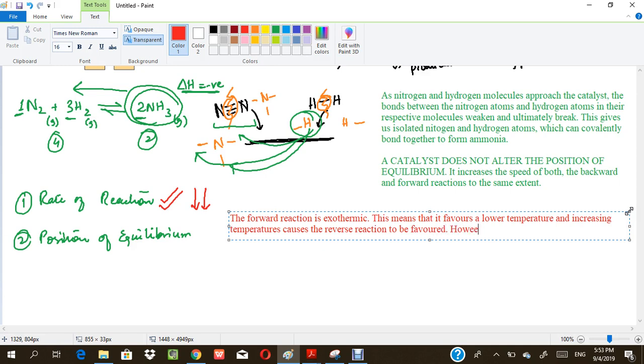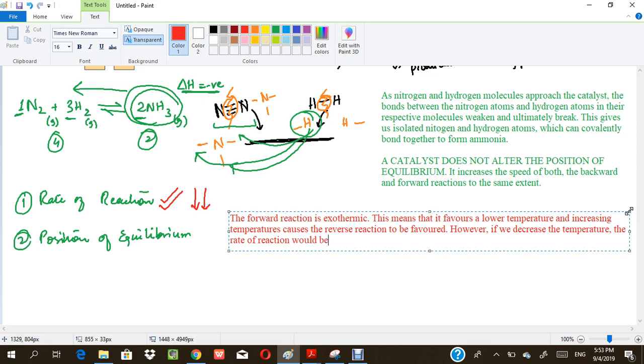However, if we decrease the temperature, the rate of reaction would become uneconomically expensive.